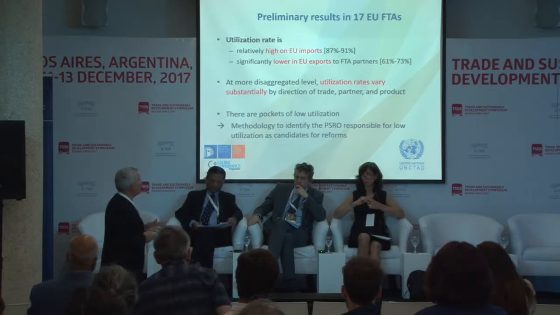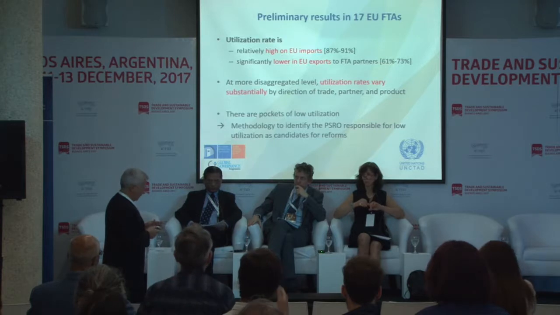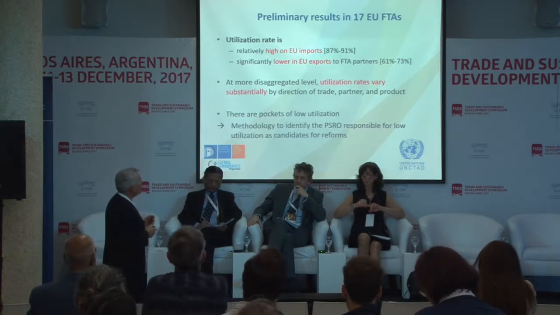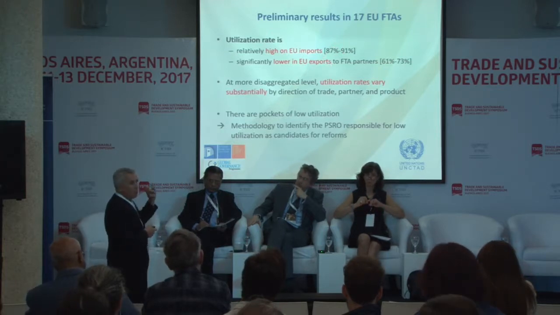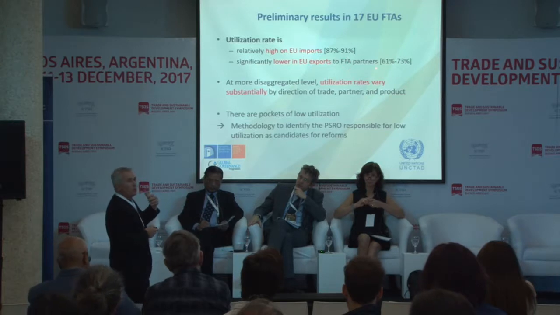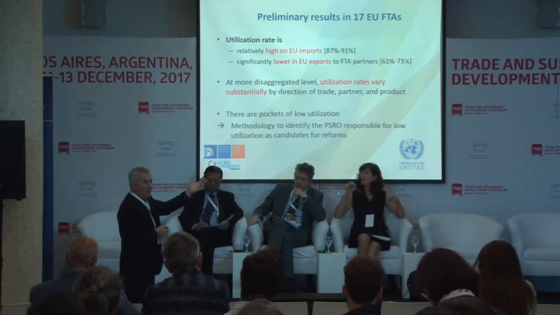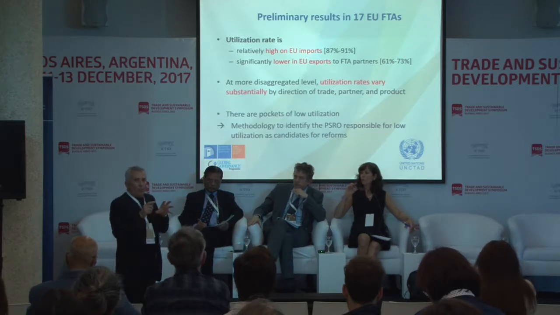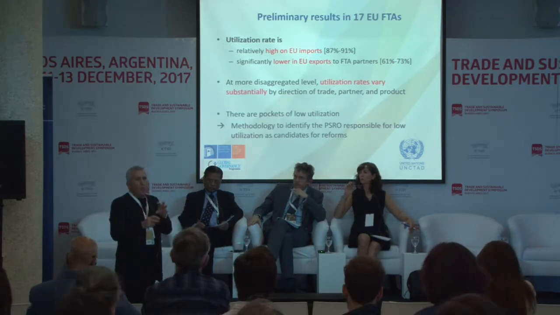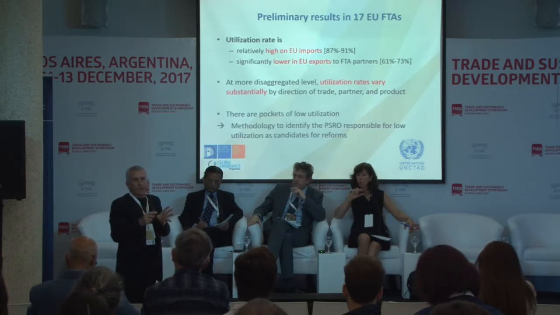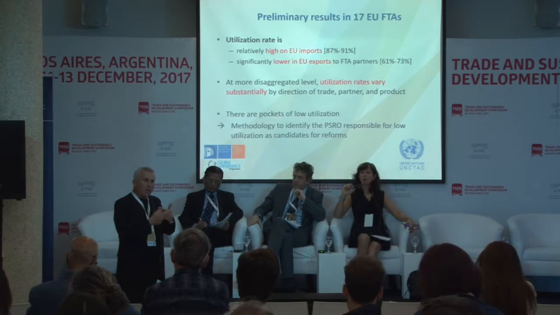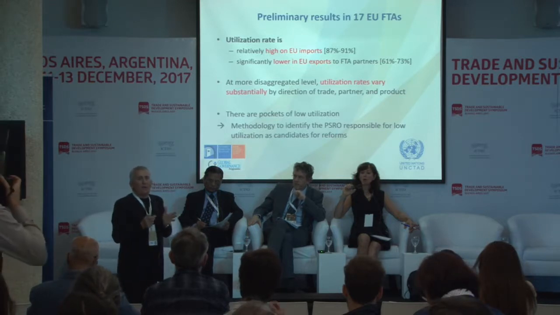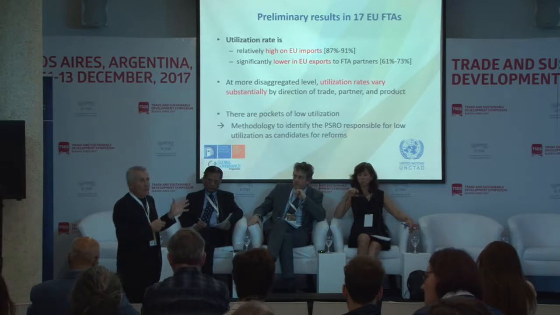The first result is that there is a relatively high utilization rate when the European Union is importing from partners, and significantly lower utilization rates when the European Union is exporting to partners in free trade areas. So now we need to detect the reason for this divergence, and identify if these trends are due to rules of origin. Therefore we came to analyzing which rules of origin are creating this pattern.